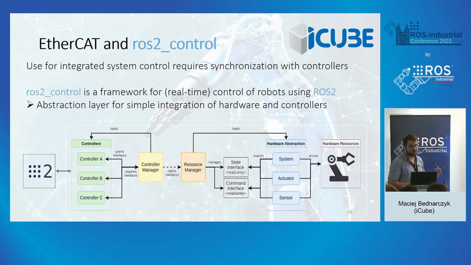The hardware abstraction layer that comes with it allows a very simple integration of our hardware and our controllers, and we can very easily build huge applications using standard components and standard controllers, and then focus on really building the application itself instead of spending a lot of time developing the core functionalities of communication with our system.